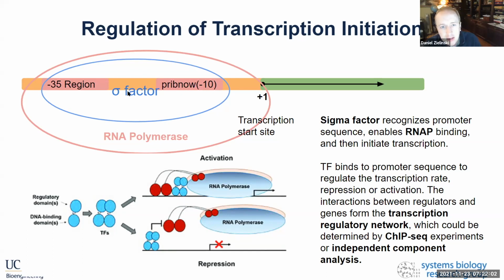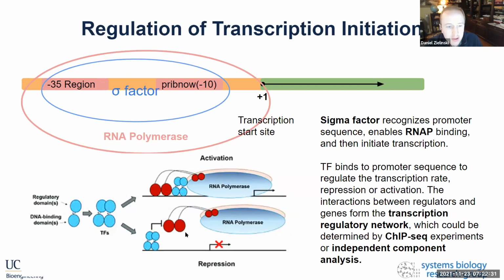Although sometimes they can, for example, bind in the spacer region and help bend the DNA into a shape that the RNA polymerase likes to bind to. So there's really quite a lot of complexity in the interaction of different proteins that bind to the promoter region that either help or hinder the RNA polymerase from getting recruited to that site.